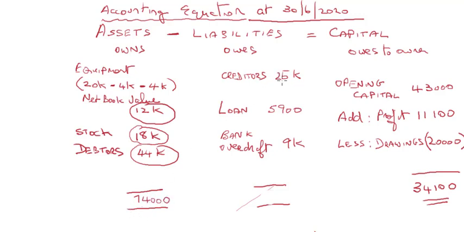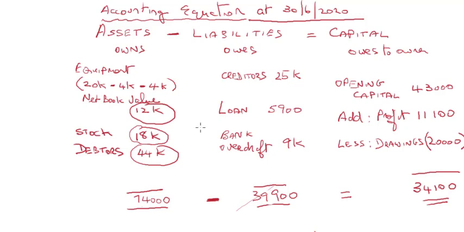And if we add up 25,000 and 5,900 and 9,000, we get 39,900. I hope that's right anyway. Then when we subtract the liabilities from the assets, that should equal the capital, 34,100.